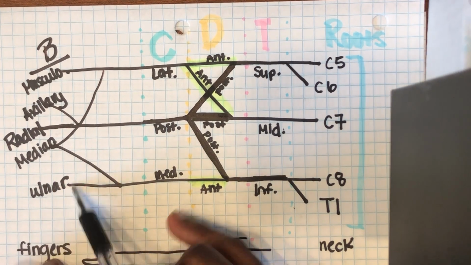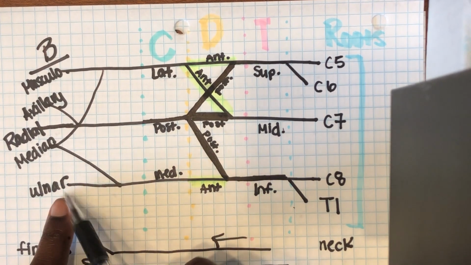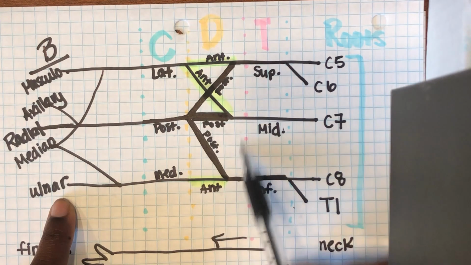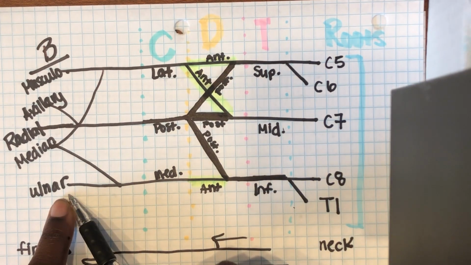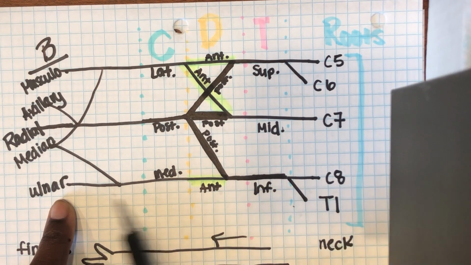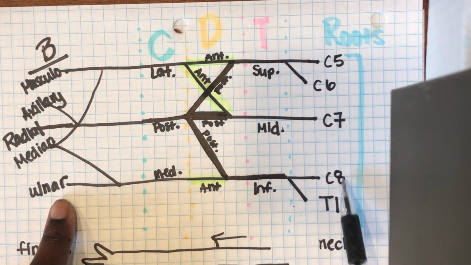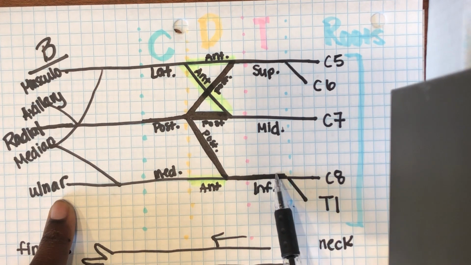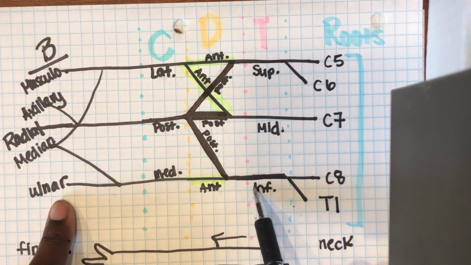So we have our ulnar nerve right here, but she wants to know what divisions make up our ulnar nerve. So we start at the beginning. We know that the roots that make up the ulnar nerve are C8 and T1. We just keep traveling. We know that the trunk that makes up the ulnar nerve is the inferior trunk.